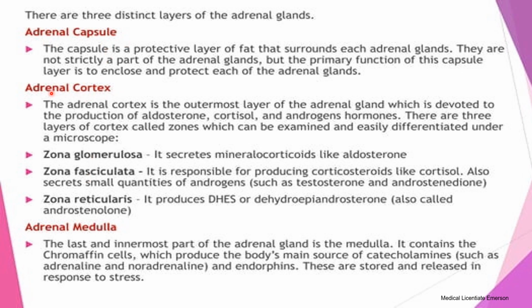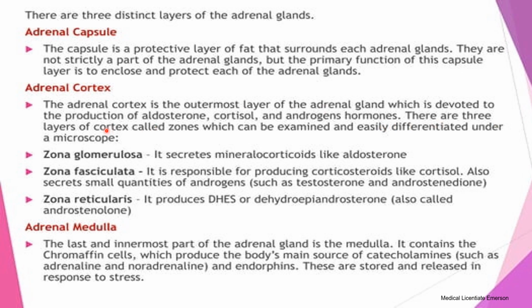Okay, so let's continue. The other layer which we have is the adrenal cortex. The adrenal cortex is the outermost layer of the adrenal gland, which is devoted to the production of aldosterone, cortisol, and androgens as well.